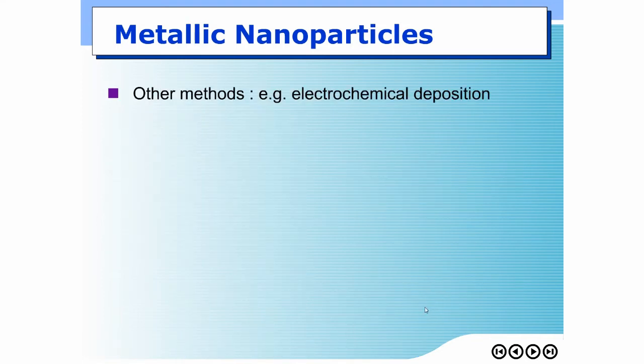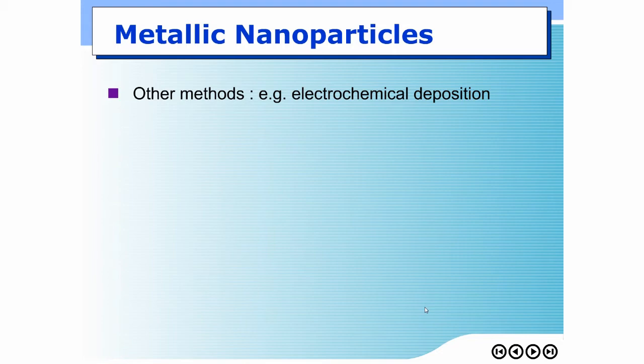So we can also do it another way to produce the growth species. In the previous examples, the growth species was prepared from the reduction of a precursor, and a precursor is basically chemicals. We can use other techniques rather than chemicals.